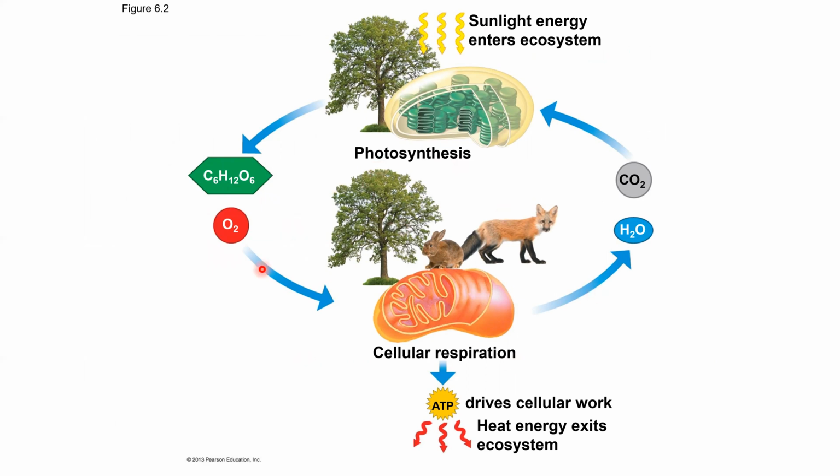And then look, all organisms, including this plant and animals, use this glucose molecule, using this organelle that is called mitochondria, and sugar is now oxidized into carbon dioxide and water, and ATP is synthesized, and ATP drives cellular work, and heat energy exits the ecosystem. So we have energy flow through.